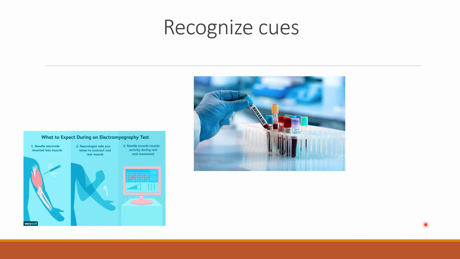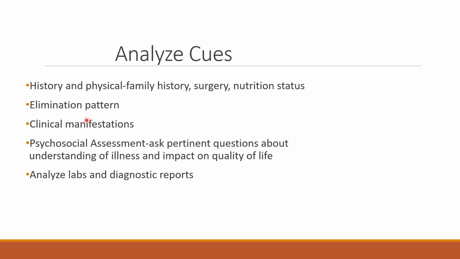So we want to correct the underlying problem and assess the safety risks. Okay, so our key factors are risk for injury, right, for this patient. So we want to make sure we address that. So asking the patient also any history and physical, any family history of neuropathy. What is their medical history? Have they had any surgeries for this before? What is their lifestyle? What is their current diet?